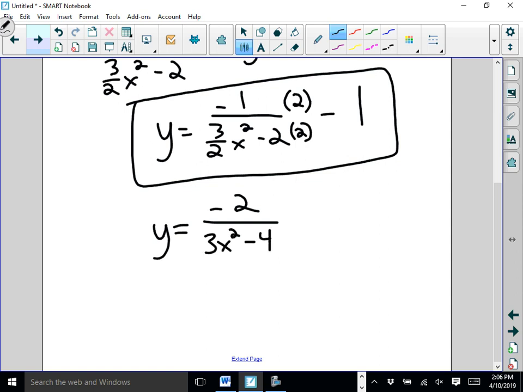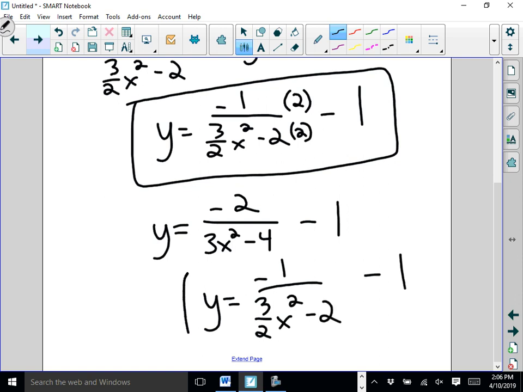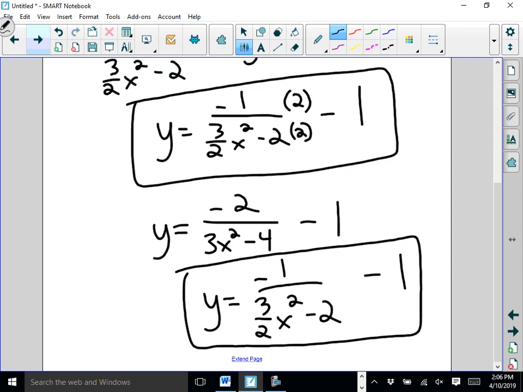Those are saying the exact same thing. I don't want you to make that simplification on the test because best case scenario, it just wastes time. But on multiple choice, you might see it written like that. So again, my final answer would say y equals -1 over 3/2 x squared minus 2 minus 1. This would be my final answer, but this could be a final answer on multiple choice.